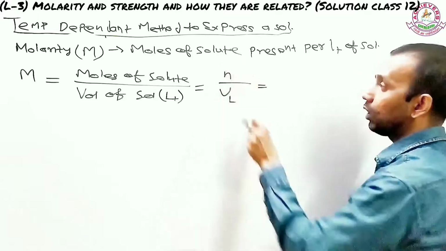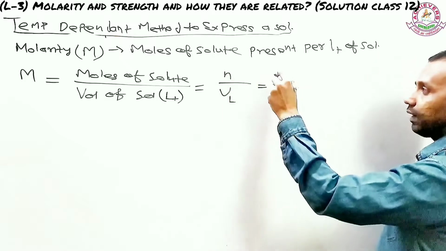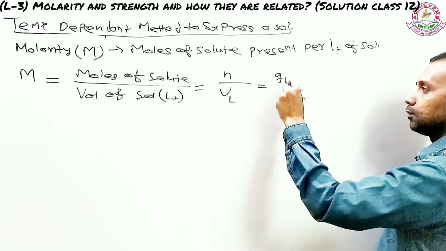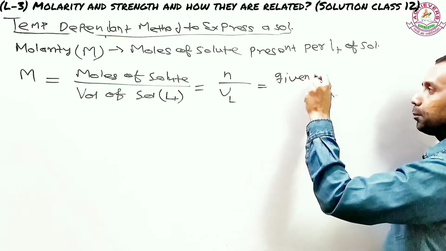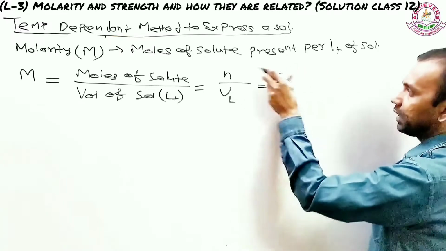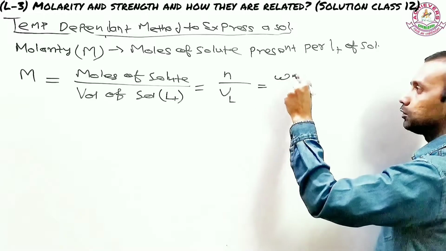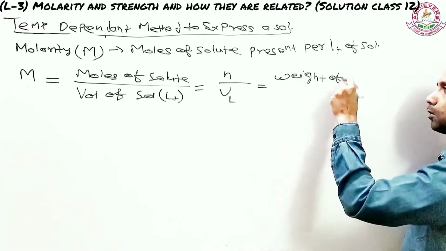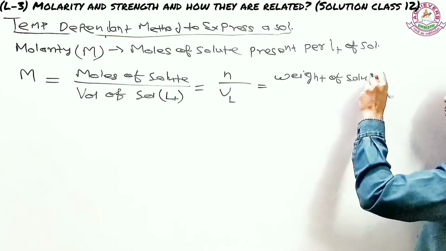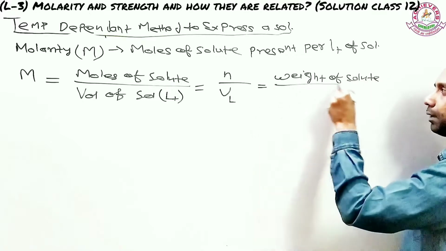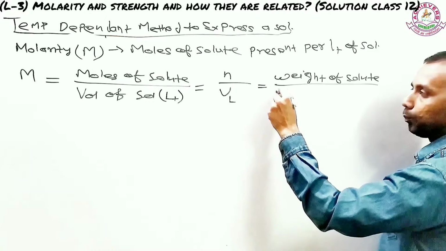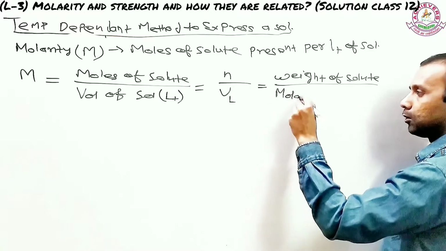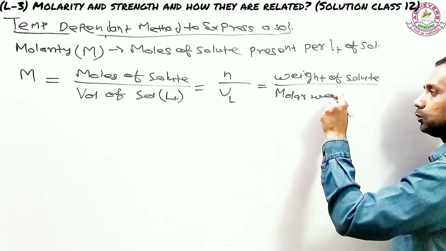Now I'm going to expand it further because this is really important. In case you do not know what n is defined as, given mass or given weight. Simply let me write it the simple way: weight of solute divided by molar weight of solute.